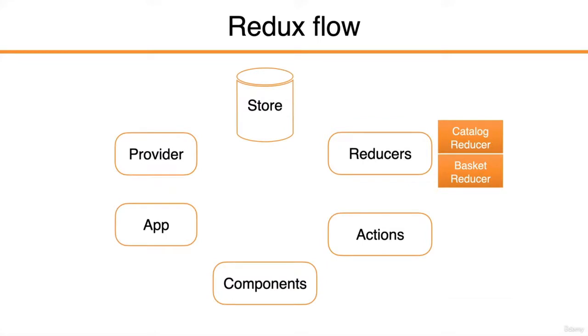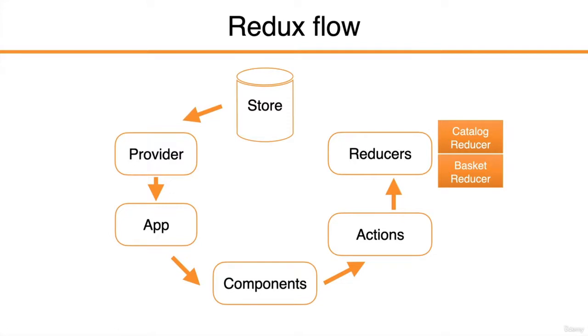Now, when we use the Redux state management system, then we're going to have a store, and we provide that store to our app. Our app has components that state gets passed to, and if we want to update the state, if we want to make a change to the states that's inside our store, then we use actions. We dispatch these actions to our reducers, and we can have many of these.